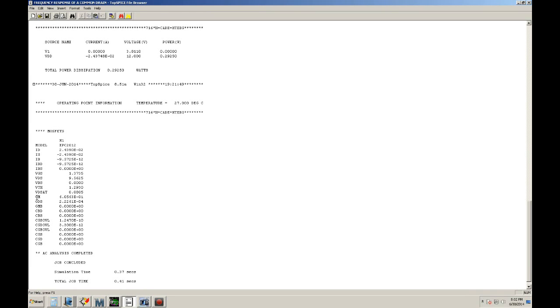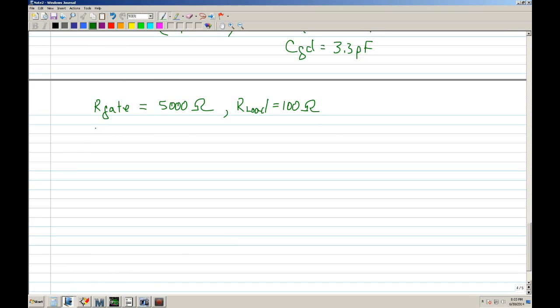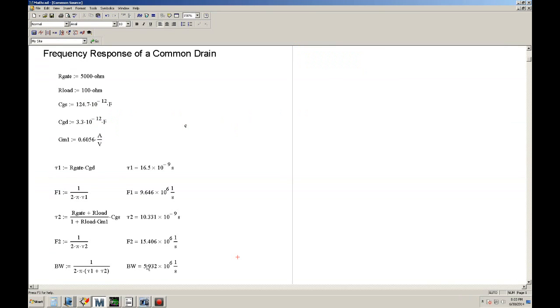If you look at the output file, it has a GM of, it should be 0.605. So GM is 0.605.